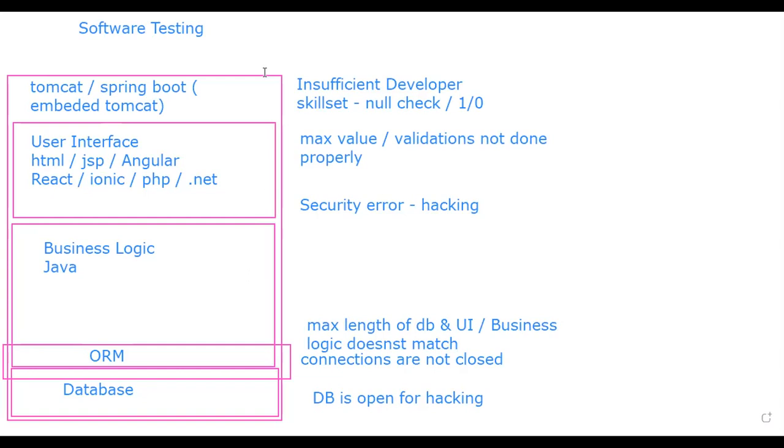Another is that exceptions are not handled properly. Unhandled exceptions mean when there is an error happening in the system, when I am trying to save, let us say the user has given the input, it has come here, and here there is an error. It did not save to the database. If an error has happened, what should happen?